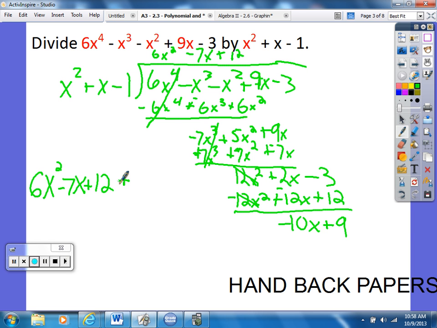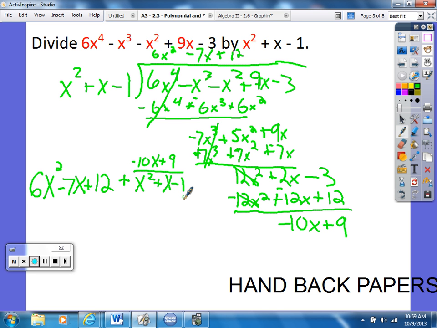Before that, you got to write the letter R, but then after that, if you were dividing two numbers, you got to write like 1/3 if that was the remainder, right? In this case, we'll do the same thing. Negative 10x plus 9, that's my remainder, divided by what I divided by, which was x squared plus x minus 1.